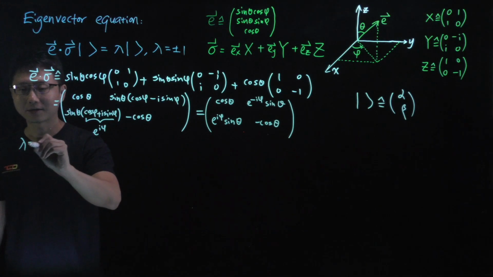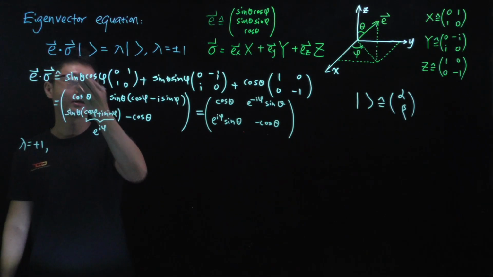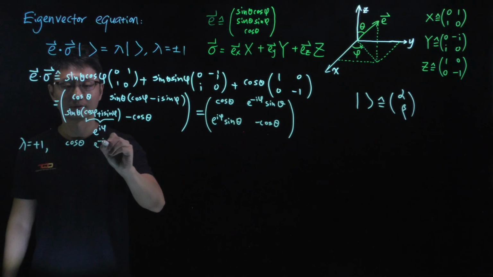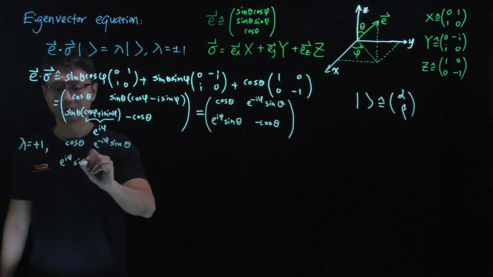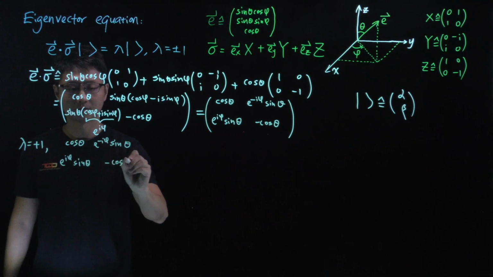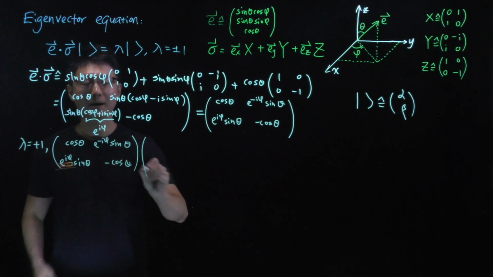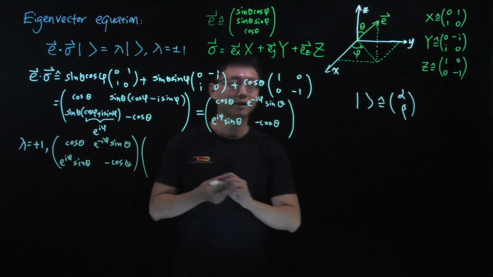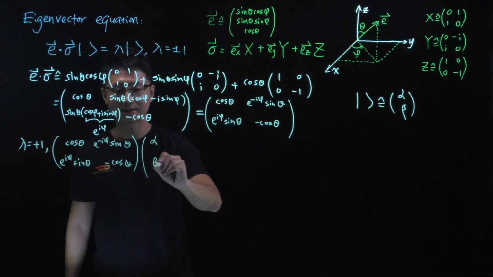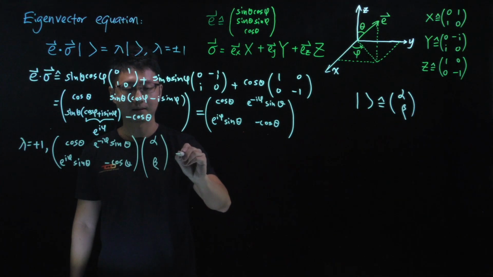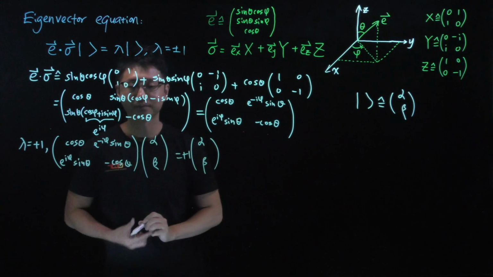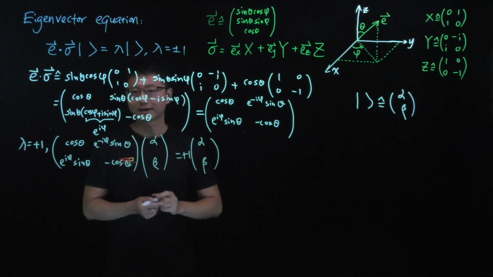So for the case of lambda equals to plus 1, we have E dot sigma, which is given by this matrix, multiplied by our eigencat, which now is parameterized by this eigenvector, so that we have alpha and beta here, equals to alpha and beta with the eigenvalue plus 1 here. So let's solve this eigenvector equation.